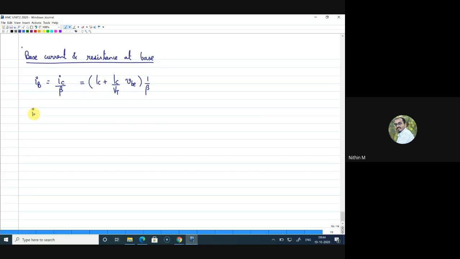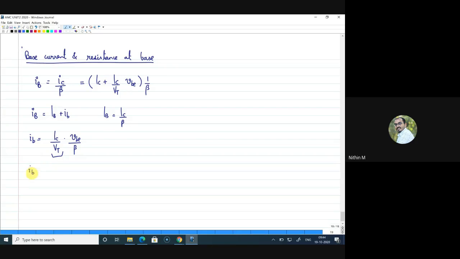Now iB is the DC base current plus the AC base current. The DC base current is related as IC by beta. So how will the AC base current be? ib is equal to IC by VT into vbe divided by beta, right? This IC by VT, we know that it is gm.